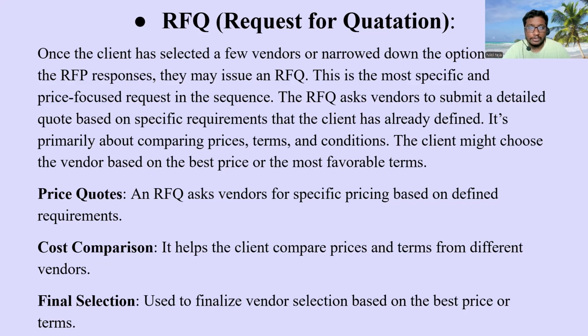So if he has narrowed down 10 vendors, the 10 vendors will be giving different kinds of bids, right? You can call them bids, different kinds of quotes. So based upon the company's reliability and the company's budget, the client will be selecting the vendors, and he will be comparing the options.